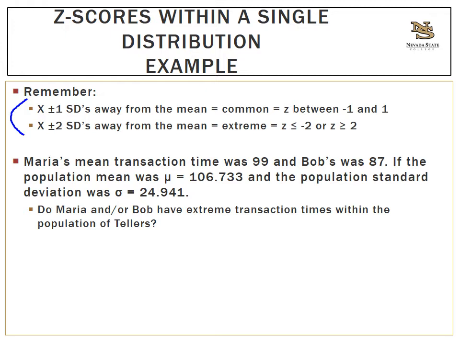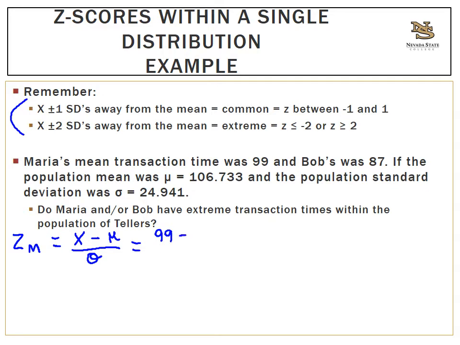In the previous examples, the z-scores were relatively easy to determine without the formulas, but that's not necessarily always the case. So here's where these formulas are going to be extremely useful. Let's start with the z-score for Maria. That's what that little subscript M represents. Using that same formula as before, x minus mu, or the actual score minus the mean, divided by the standard deviation, equals, well, Maria's transaction time was 99.